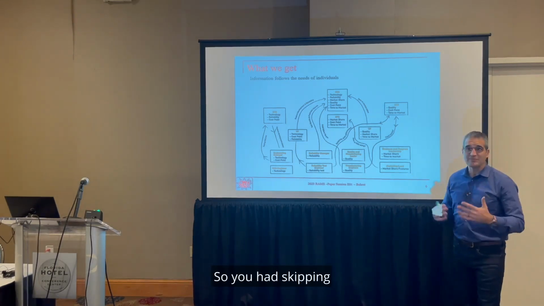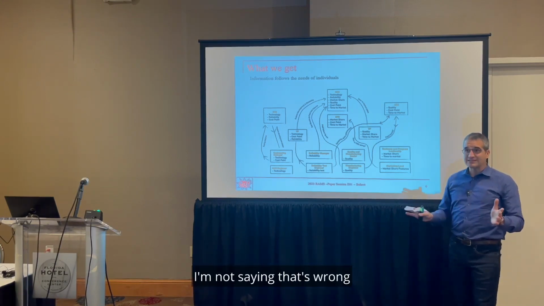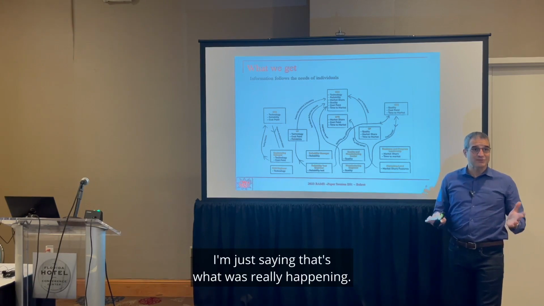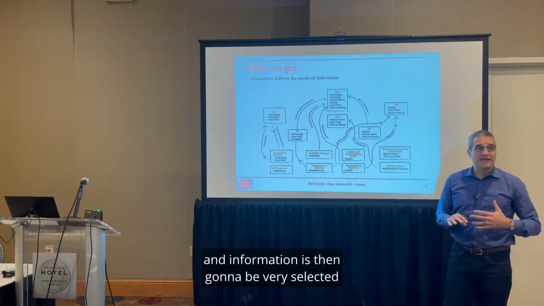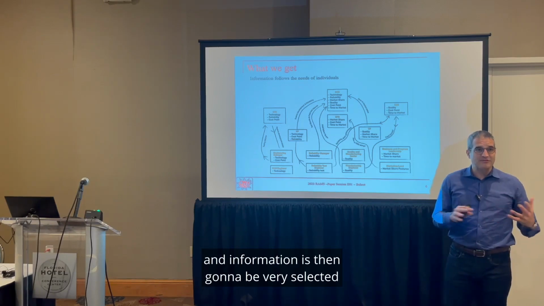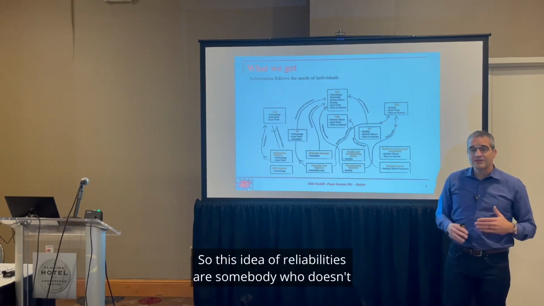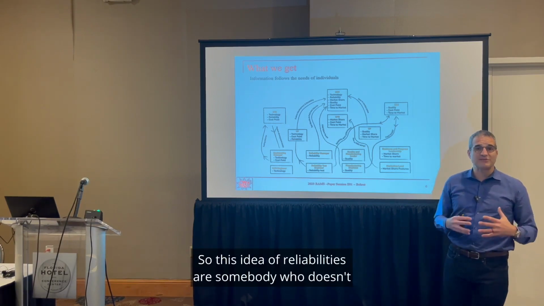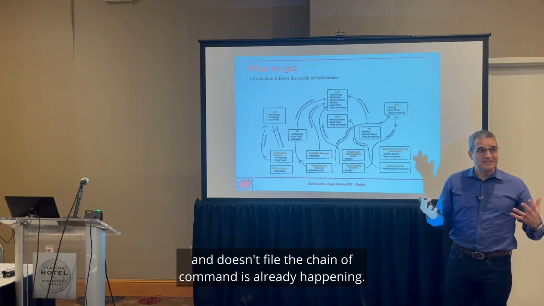So you had skipping like 3 levels as part of their regular process. I'm not saying that's wrong. I'm just saying that's what was really happening. Information doesn't follow the chain of command, and information is then going to be very selective with how it flows. So this idea of a reliability czar, somebody who works as an advisor, so to speak, and doesn't follow the chain of command is already happening.